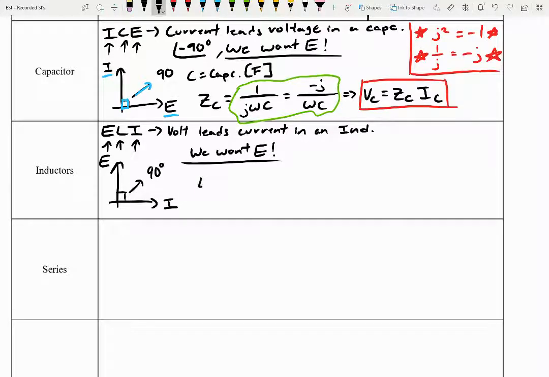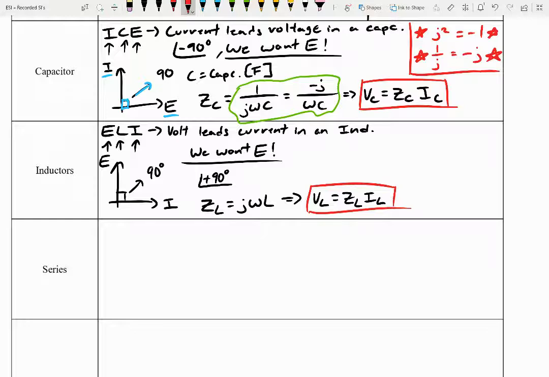So positive 90 degrees. That's what we're going to have for the inductor. And our equation for the impedance for the inductor is also going to be on the formula sheet. It's just j omega L. So therefore, V of L is equal to Z L times I L, which just looks like our Ohm's law once again. So it makes our calculations a lot easier this way, and we get to bypass a lot of the more complex equations that we saw with exam 2.